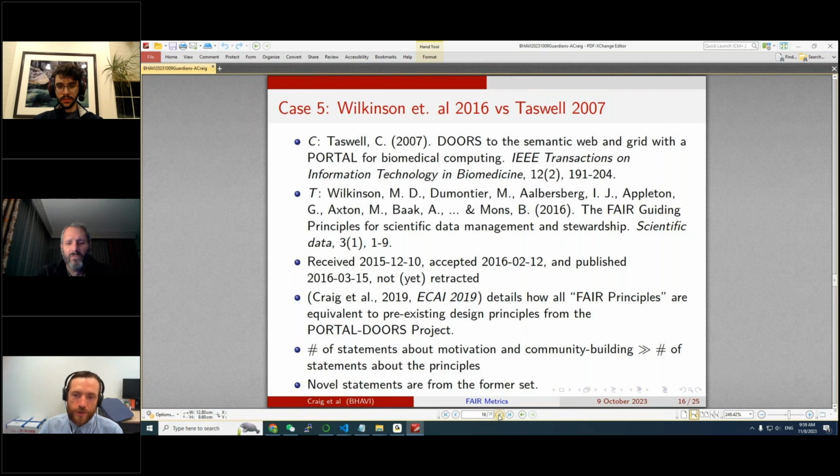Each of the so-called FAIR principles has an equivalent statement found in Taswell's work. So they did get a few novel statements, but all of those are about the claimed process of community building and consensus creating and raising support for these so-called principles.